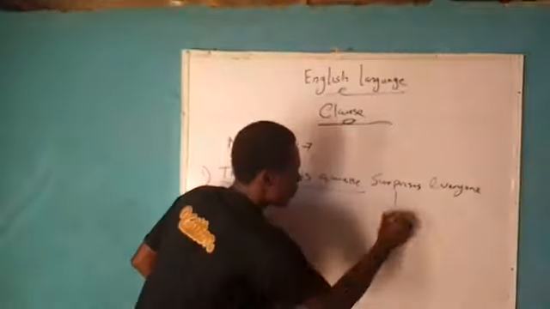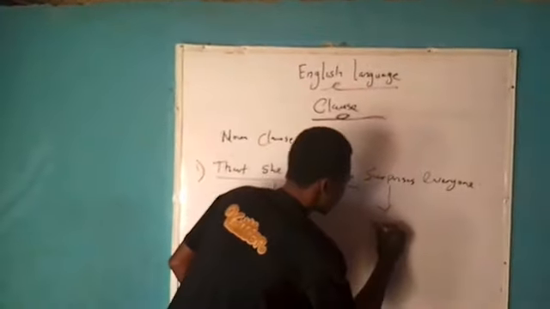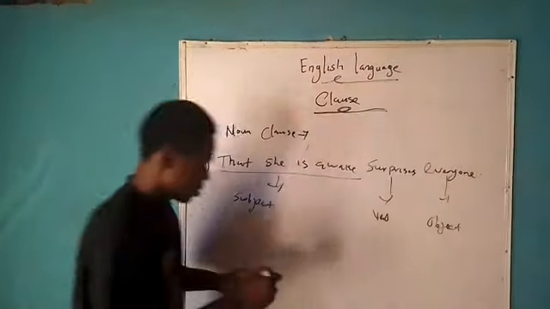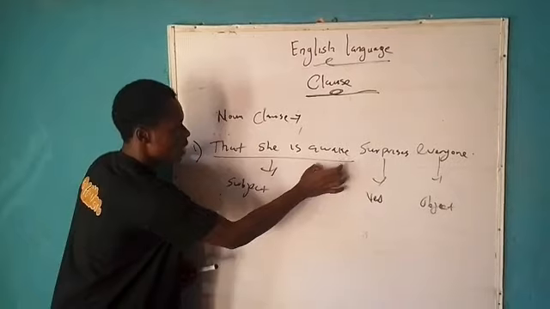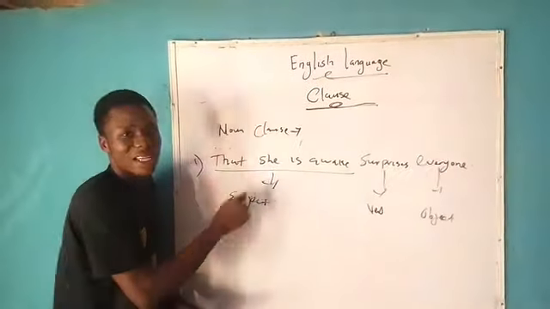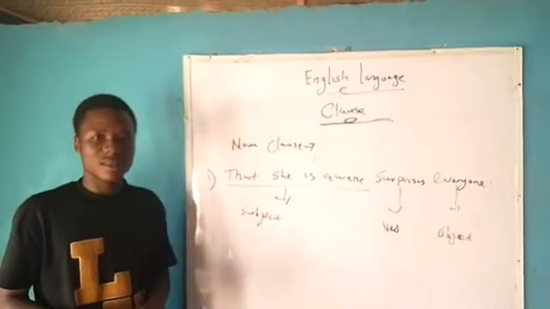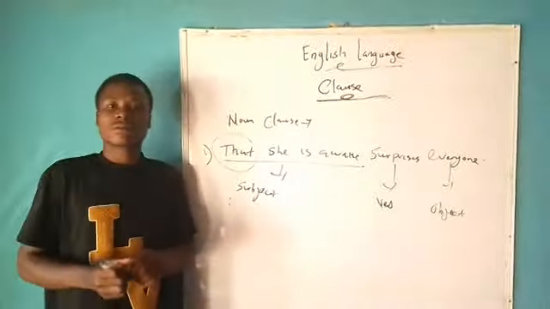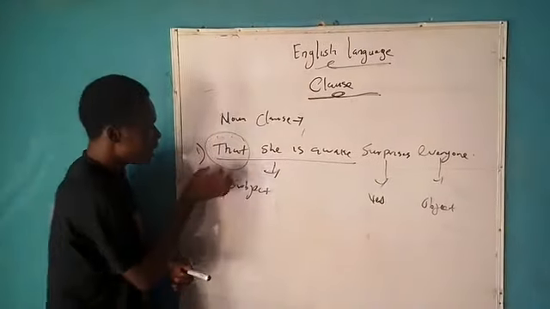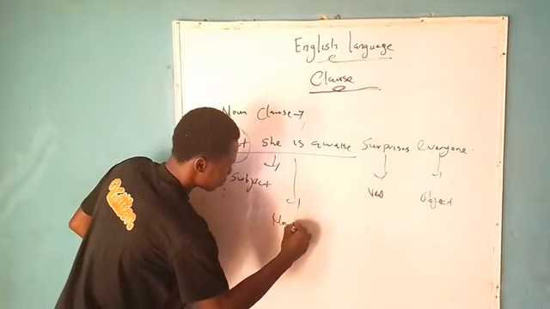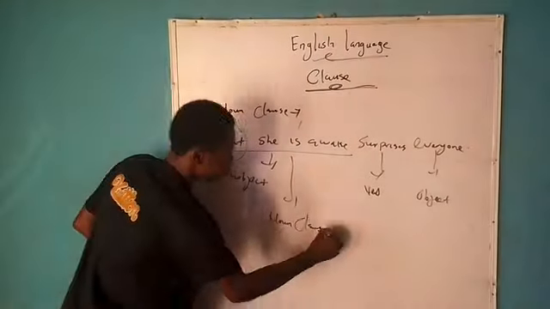This is our verb, and this is our object. This whole noun clause is acting as the subject in this sentence, and it starts with a subordinating conjunction, thereby telling us that that she is awake is a noun clause.